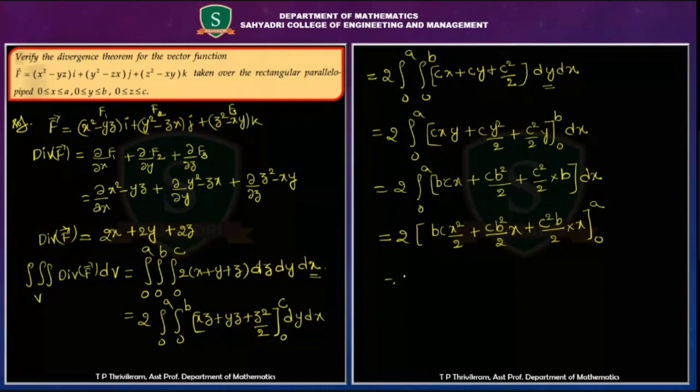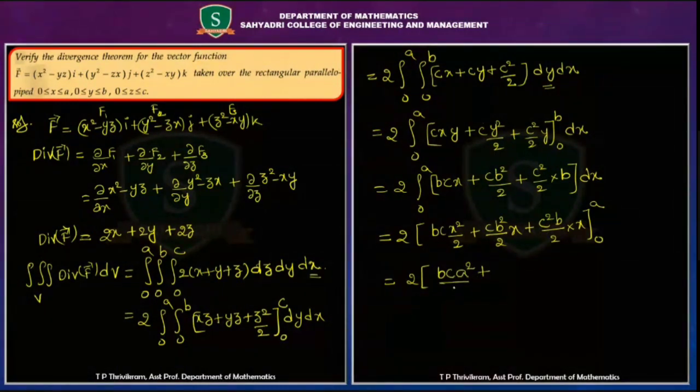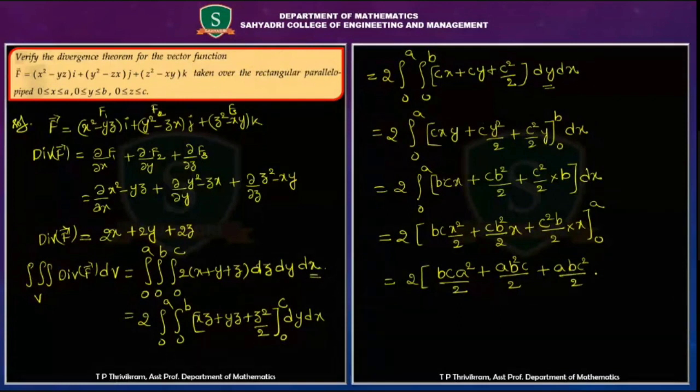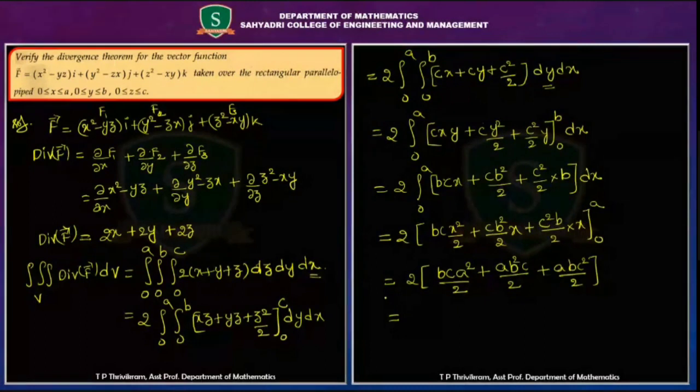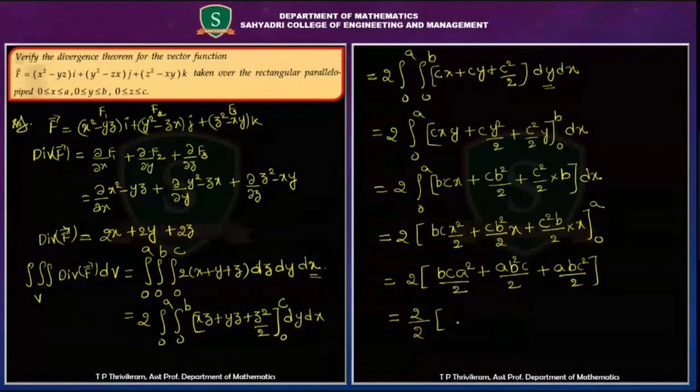Okay. So this one is equal to 2 into, so how much? bc a square by 2, next a b square c by 2 plus a b c square by 2. Okay. So this one is equal to, take LCM, 1 by 2 I have taken common.